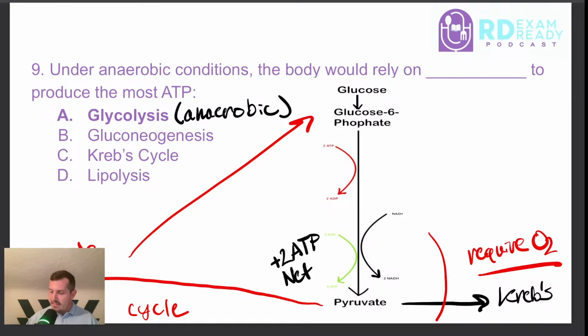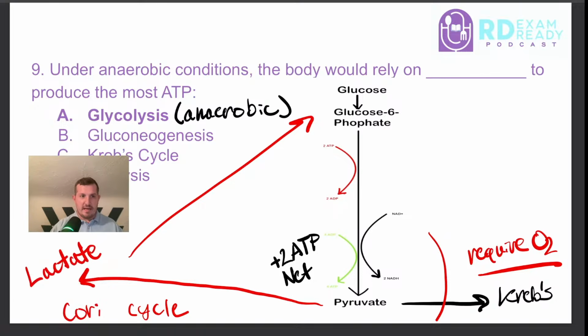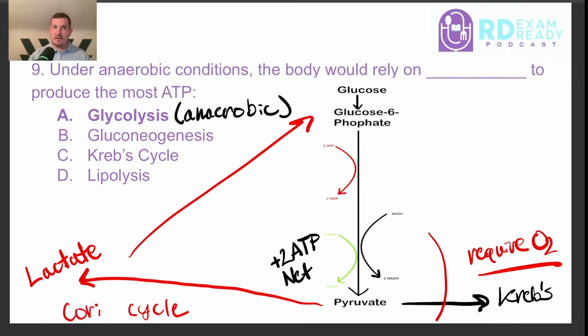But even still, this process of gluconeogenesis and the Cori cycle that you see here, folks, is not producing much ATP in itself. The Cori cycle is not producing the ATP. The gluconeogenesis is not producing the ATP. What's producing the ATP in this case is your glycolysis. And that's what's going on here.